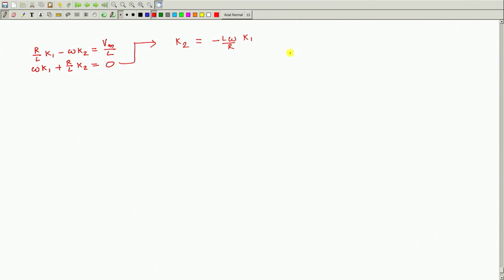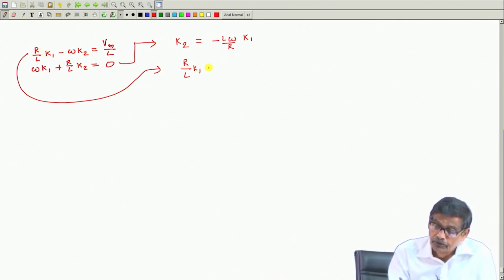This is k 2, and I will put it there to find k 1. So, it will be r by L into k 1 minus omega k 2, which becomes plus L omega square by r into k 1, and that is equal to V m by L.